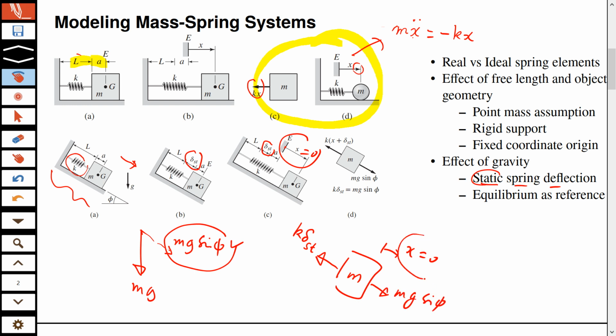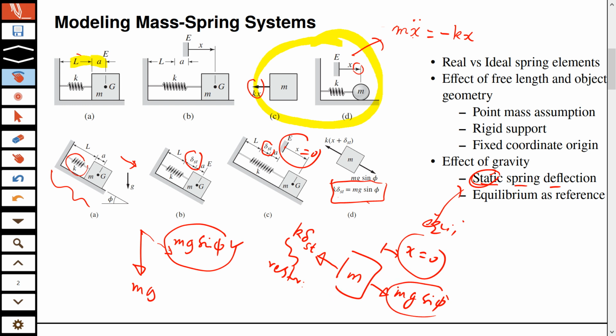Because we have static equilibrium, these two must be equal, and that's why you have the equation that k times delta st, which is the restoring force, must equal in magnitude the force which was causing it.